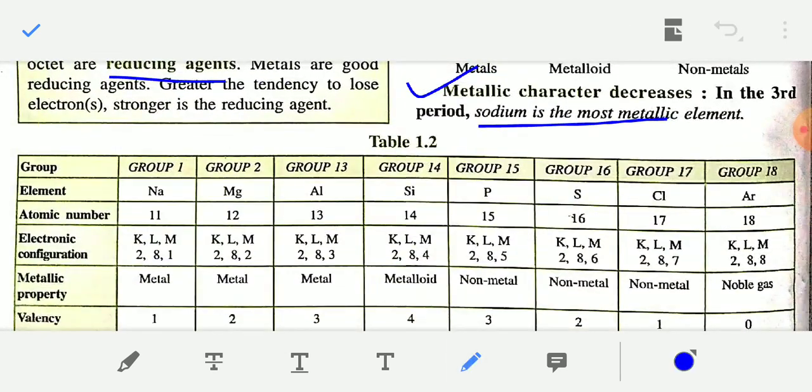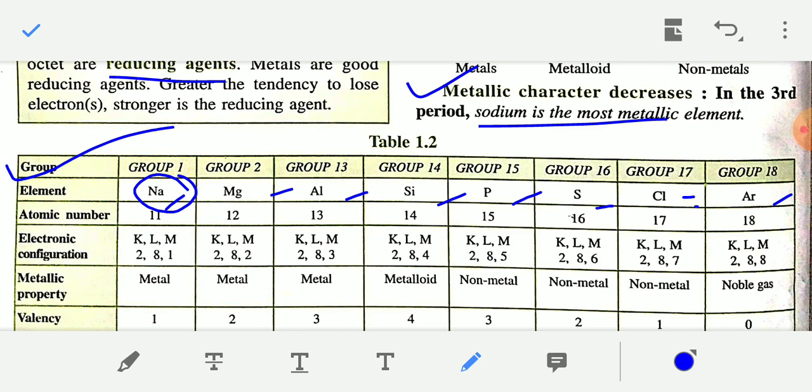These are the third period elements: sodium, magnesium, aluminum, silicon, phosphorus, sulfur, chlorine and argon. In the third period, sodium is the most metallic, and argon is the least metallic in nature.